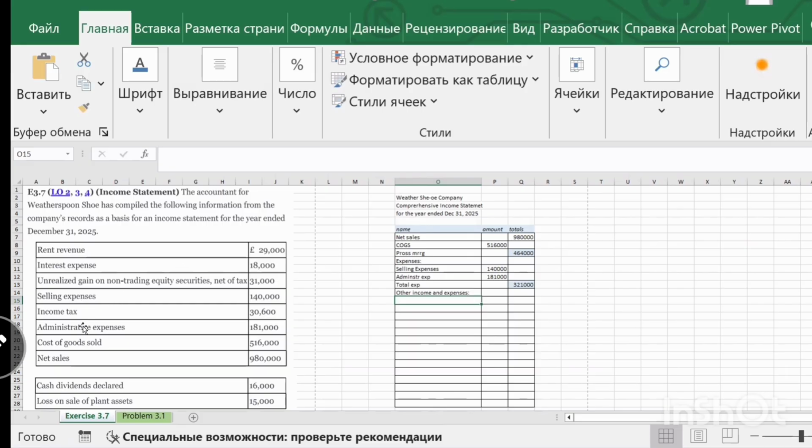We have some rent revenue. Rent revenue is not included in our net sales in the beginning because our company's main business process is not renting. So we are making products or selling something, but we are not making profit by renting something. So it's other income and expenses.